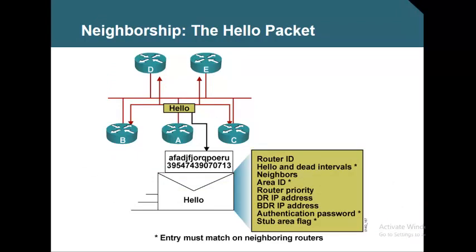Now, forming neighborship, maintaining neighborship, recovering neighborship is done through sending hello packets. Forming neighbor, it sends a hello packet every how many seconds? Exactly. Every 10 seconds they send hello packet.